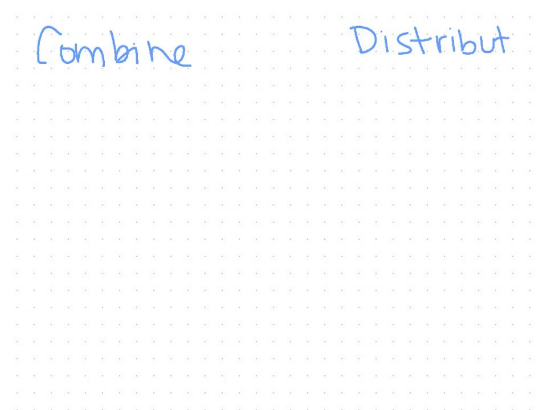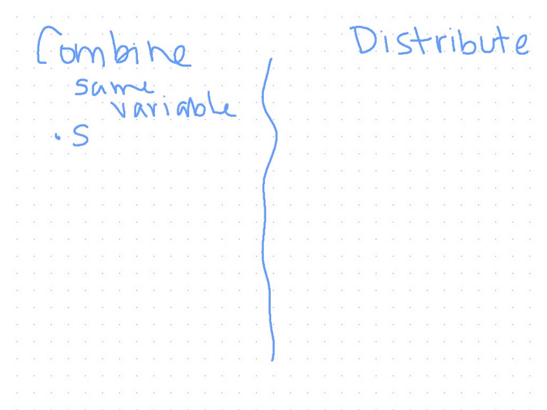So you're going to be solving equations today. You're also going to be combining like terms and distributing. Combining like terms, they need two things in common. They need the same variable and the same degree.